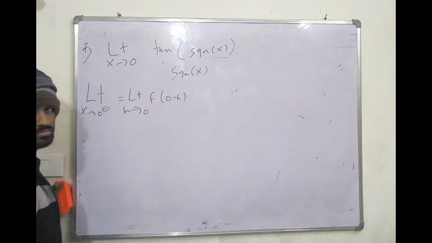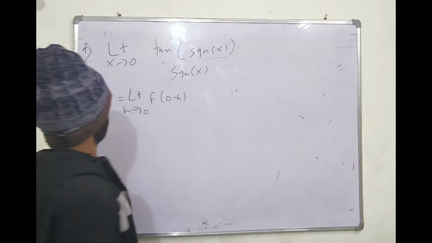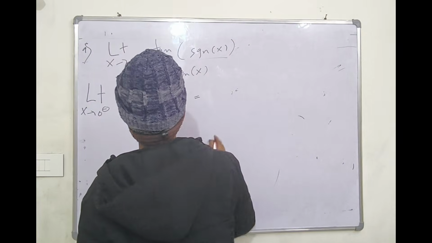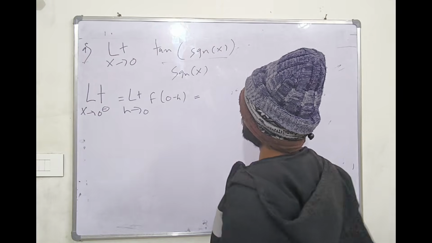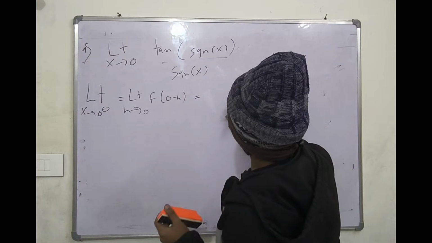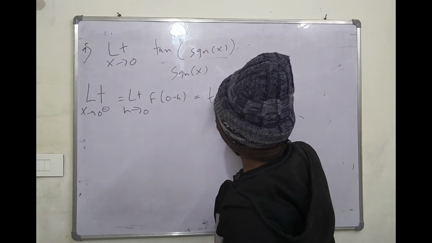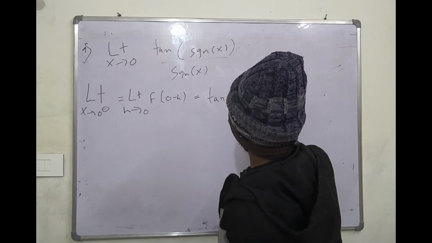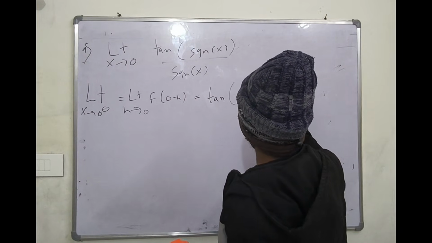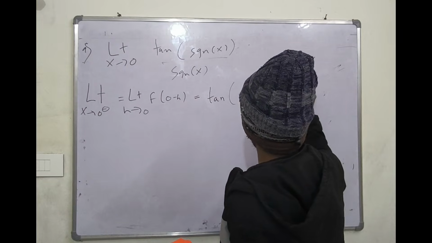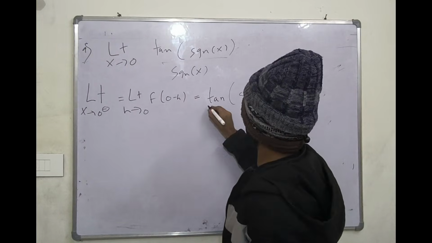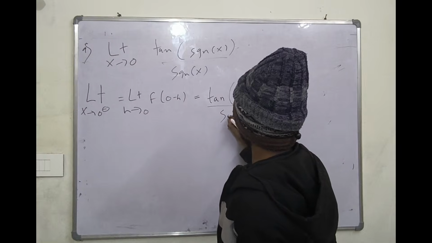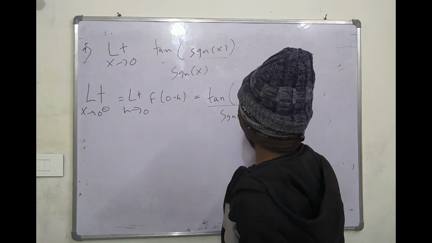Okay, good. Limit h tends to 0 f of 0 minus h, this is tan of signum 0 minus h by signum 0 minus h.